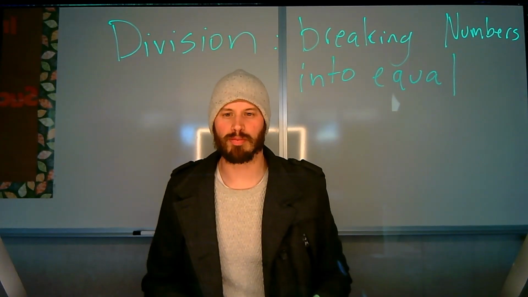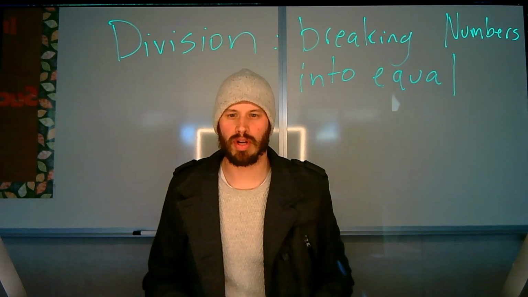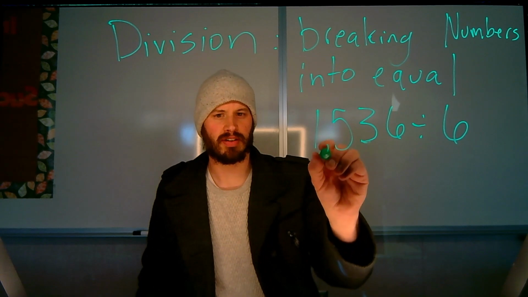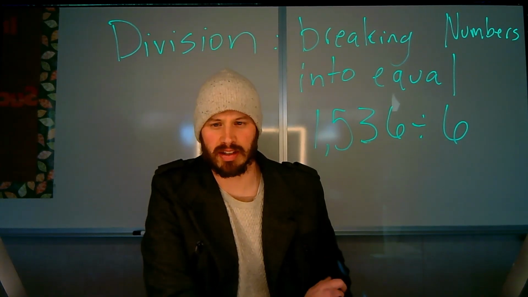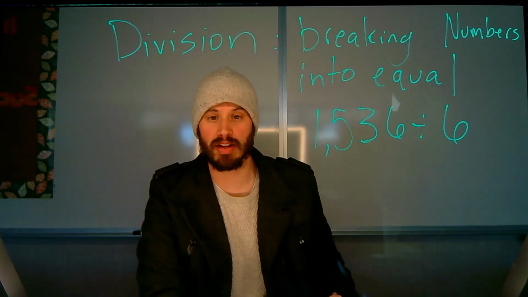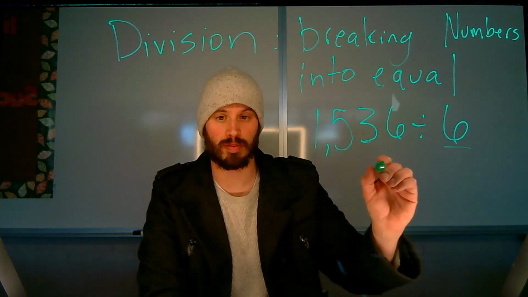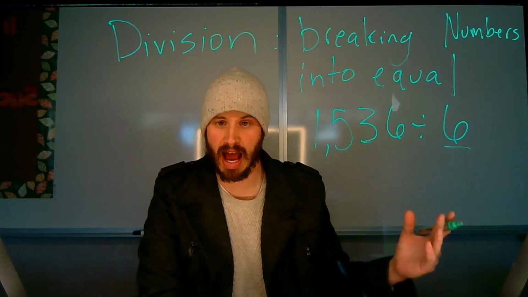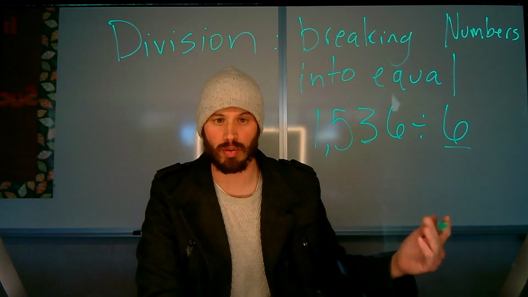Okay, division is breaking numbers into equal groups. So let's talk about 1,536 divided by 6. What are we doing? We are breaking this number apart, 1,536, into 6 groups. This is my dividend, the number that is being divided or broken up into equal groups.